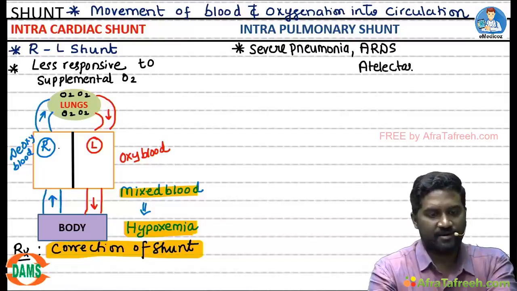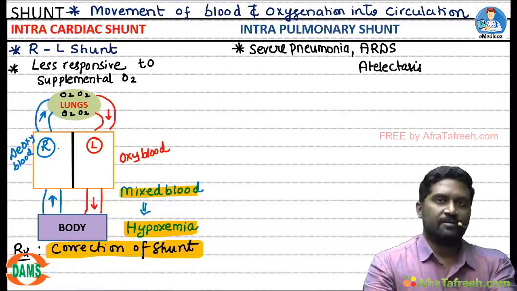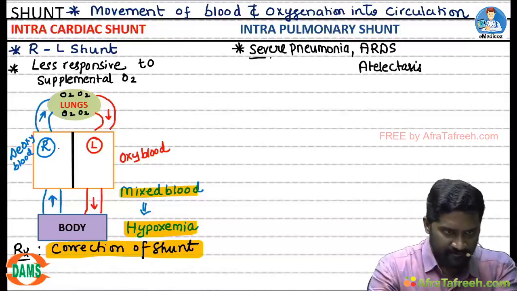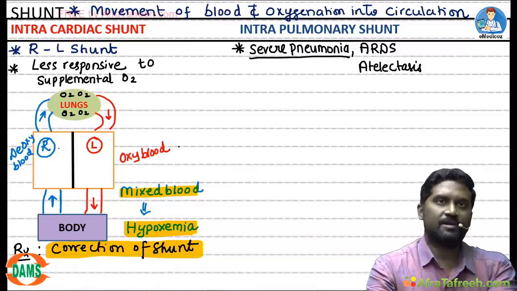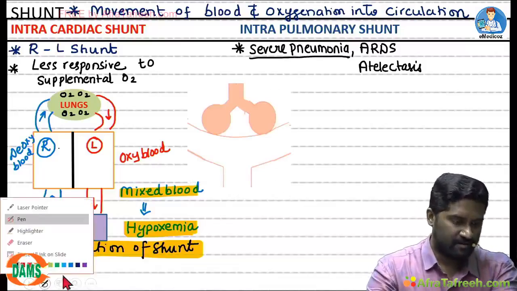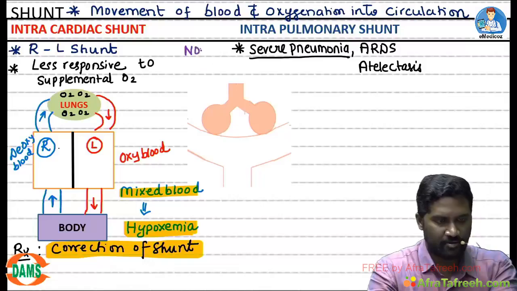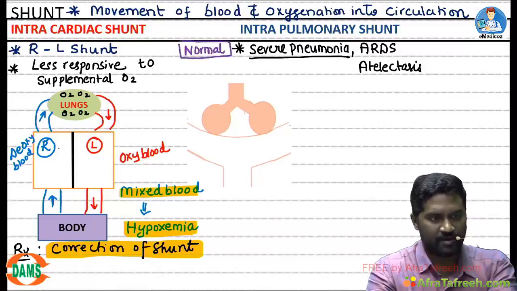Atelectasis means your alveoli are collapsed. We will take prototype as severe pneumonia to understand intrapulmonary shunt. Before that, let us see normal gaseous exchange. Whatever I write with this color, this is the normal phenomena, students. So let us see what is normally happening.